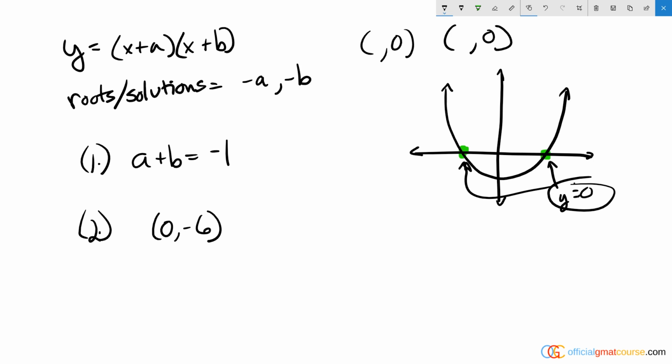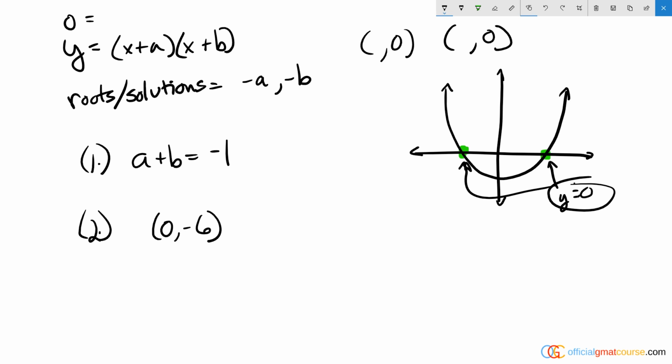And if we look at our original quadratic equation, y would equal 0 when x would equal either negative a or negative b, because plugging in a negative a here would wipe out whatever we would get by plugging in a negative a here. Negative a plus b on this side would get wiped out by the 0, which it's multiplying, to give us a 0 for y. And so if we have a negative a or a negative b, it'll wipe out the entire right-hand side of our equation and give us a 0 for the y.